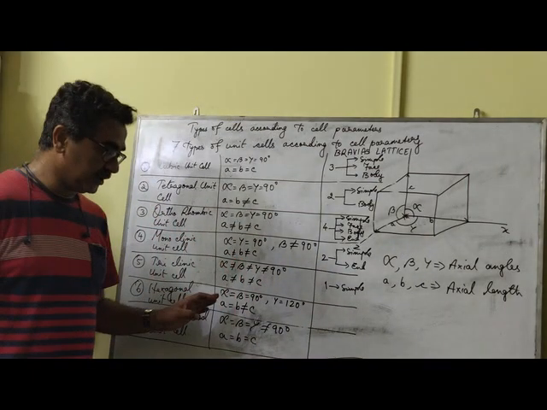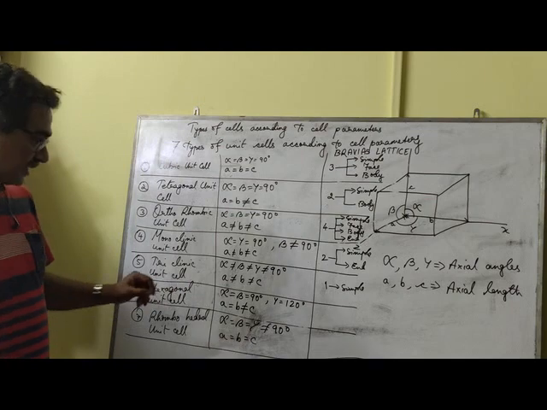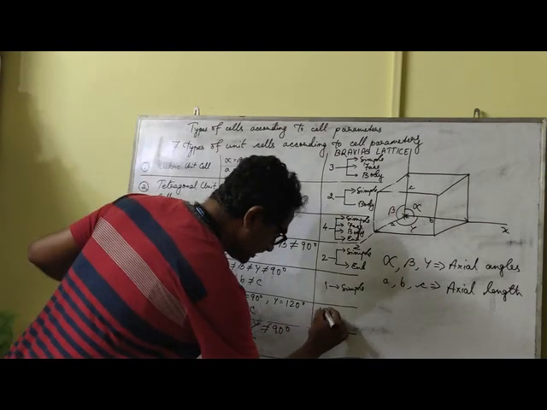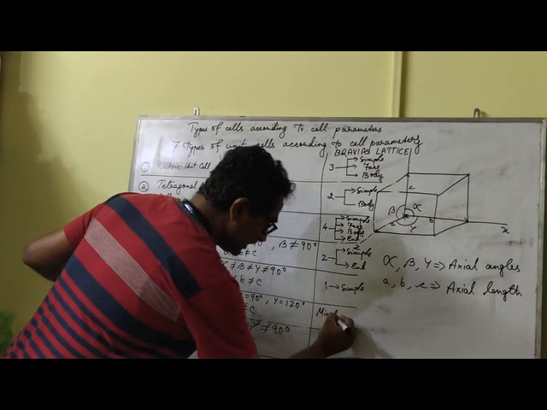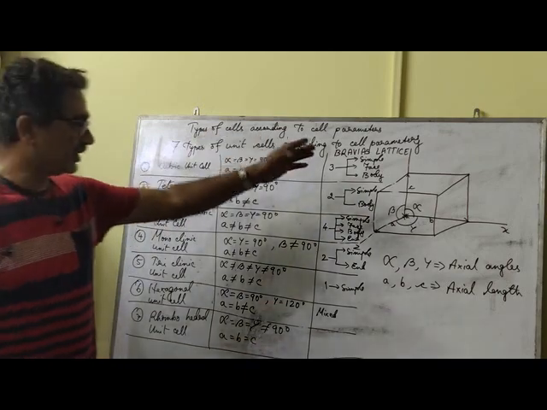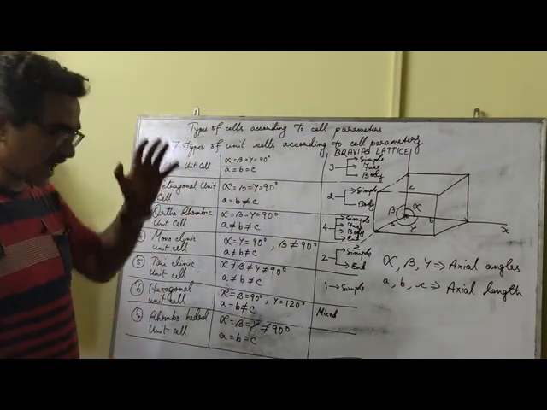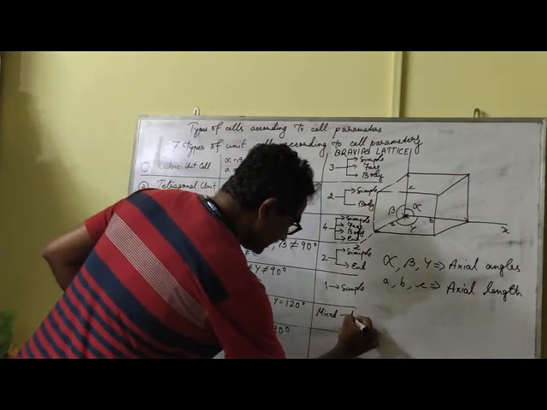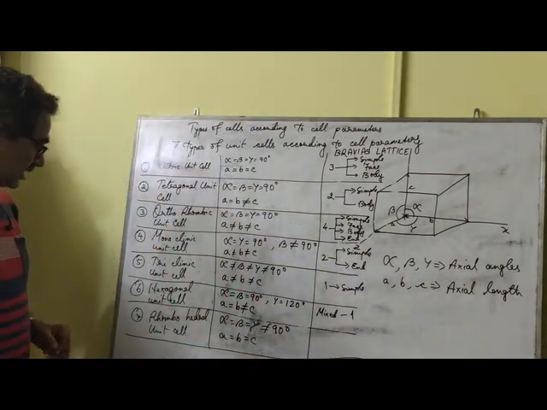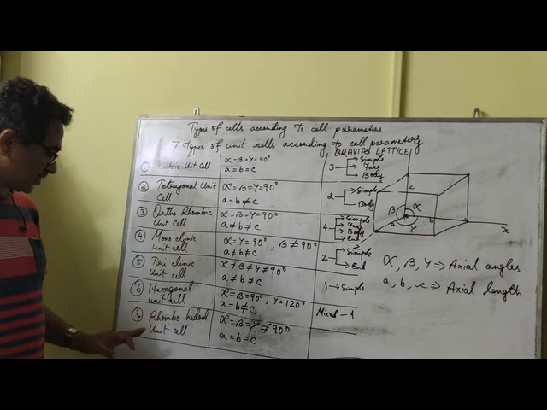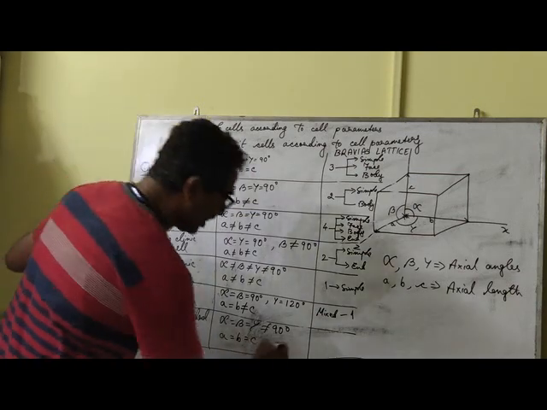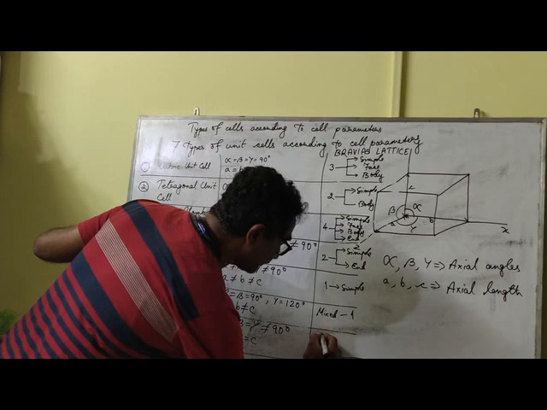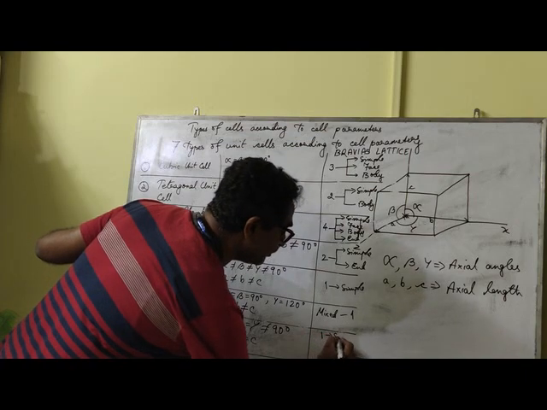For hexagonal unit cell, this is a special one. It had, remember, the mixed category. It's neither simple nor face, nor any of those 4 categories which we have learned. It's a mixed form. So there is only 1 possibility, the mixed possibility. And for rhombohedral unit cell, even this one is 1. And this is simple.